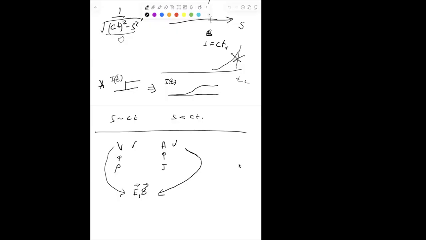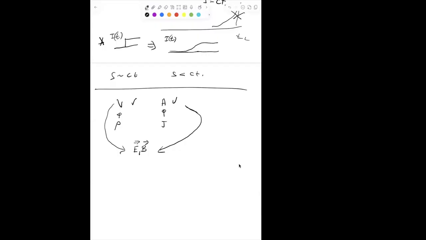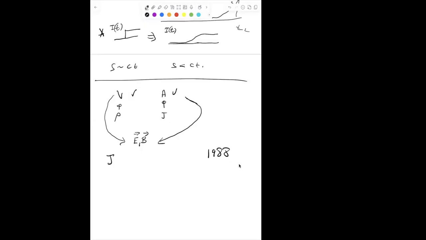One can do that, but this is so bloody awful that according to Griffiths, it was done something like, if I remember, 1988, which for you is maybe a long time ago, but this is really crazy that no one wrote down what is the E and what is the B given J and given rho until a guy called Jefimenko came and did it.